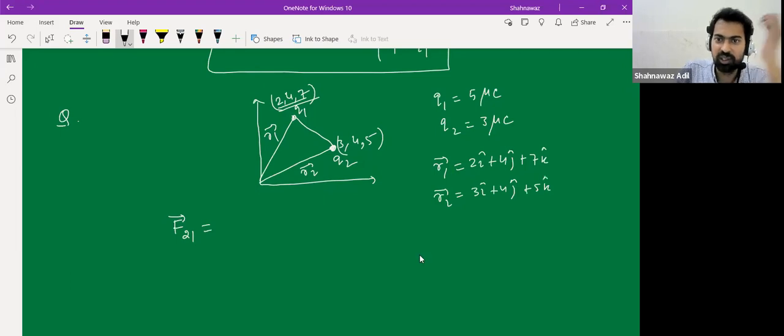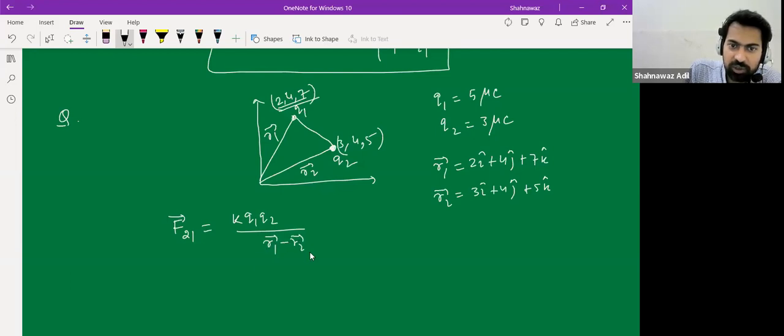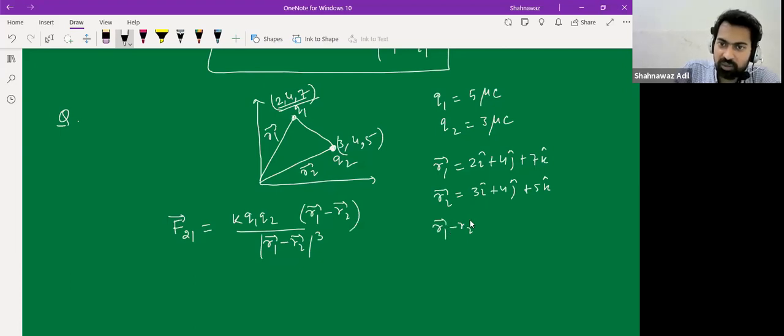F21 would be K Q1 Q2 by the cube of the magnitude of R1 minus R2, times the vector R1 minus R2. R1 minus R2 would be 2 minus 3, so minus i, 4 minus 4, 0, 7 minus 5, 2k. So this is minus i plus 2k.